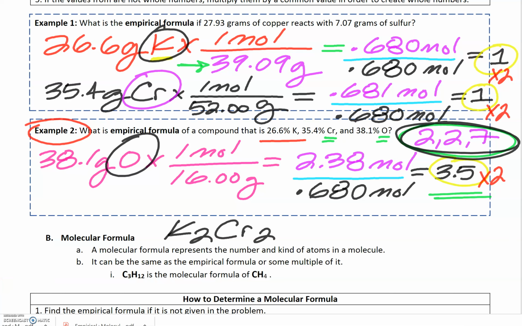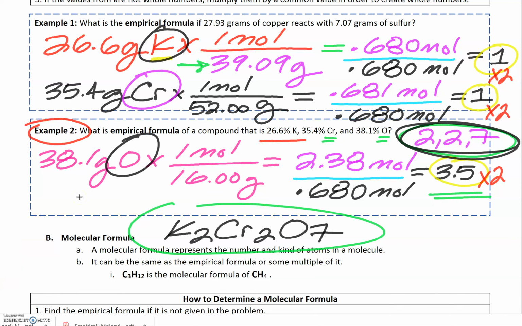I just use that order right there. So it's going to be O7. And that's the answer. That is the formula, and that's the empirical formula. Empirical meaning it has been reduced. You'll notice 2, 2, 7. This is the simplest formula, and we've determined it mathematically. So an empirical formula, what we're after is that simplest formula.